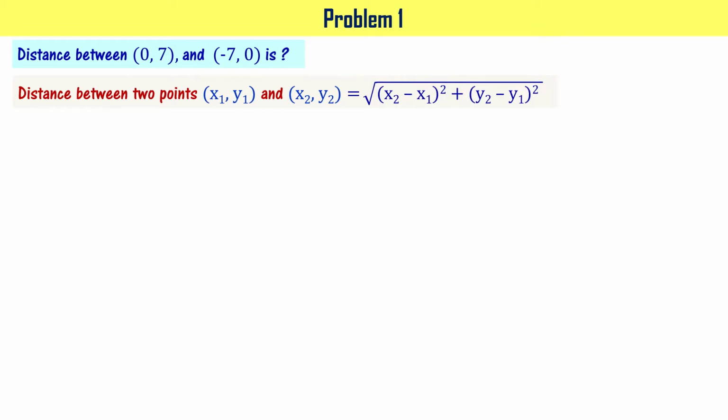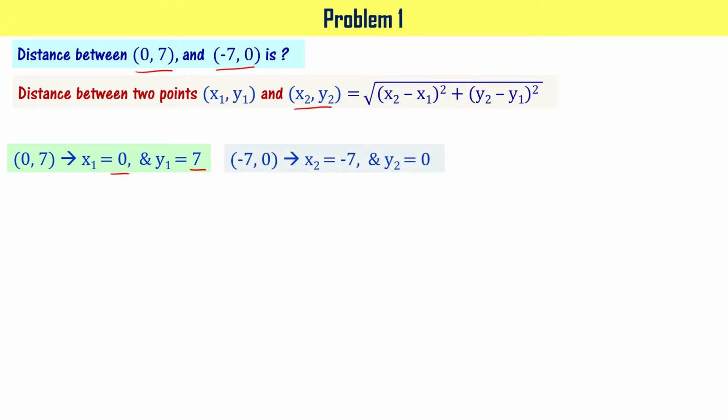If I say that the first point 0, 7 is x1, y1, then x1 is 0 and y1 is 7. Similarly, if minus 7, 0 is x2, y2, then x2 is minus 7 and y2 is 0.